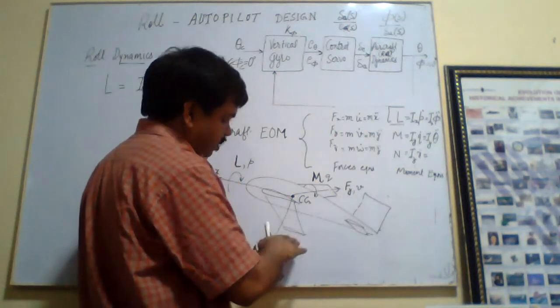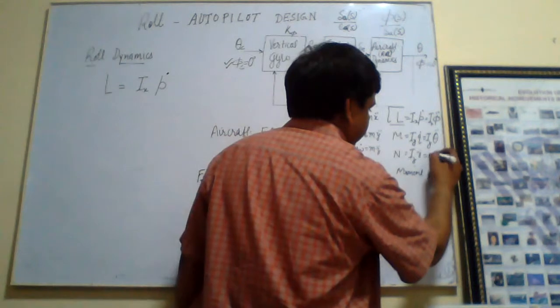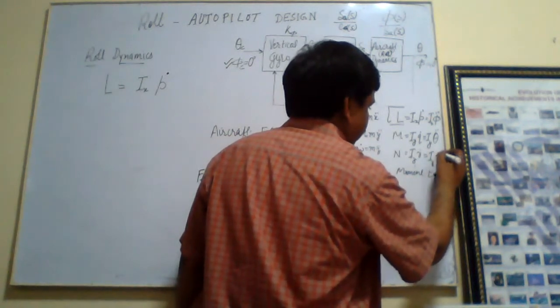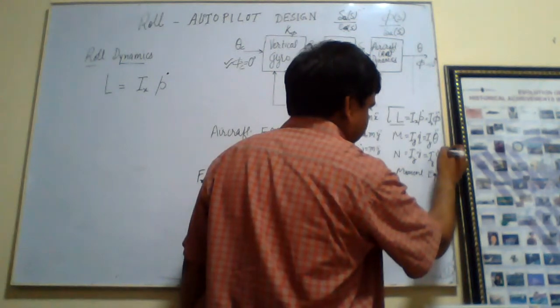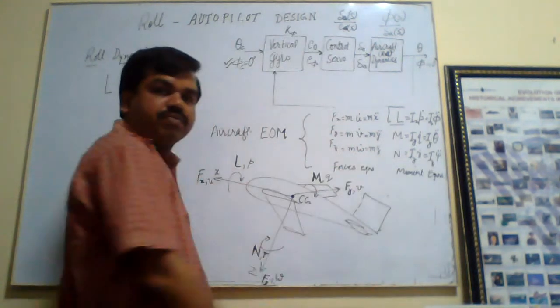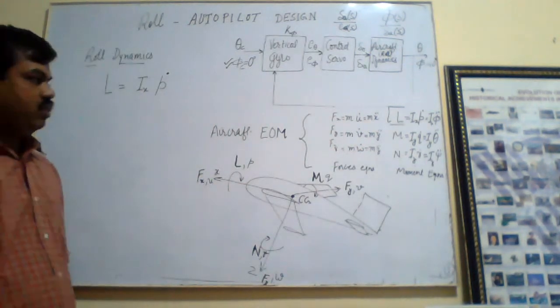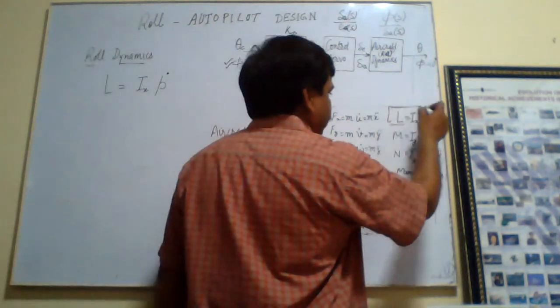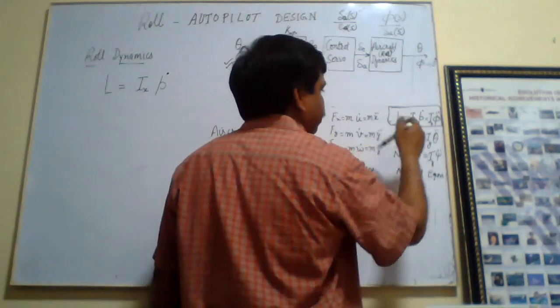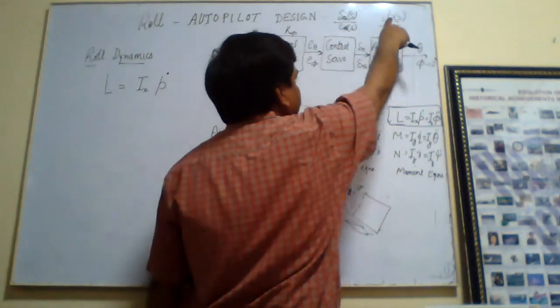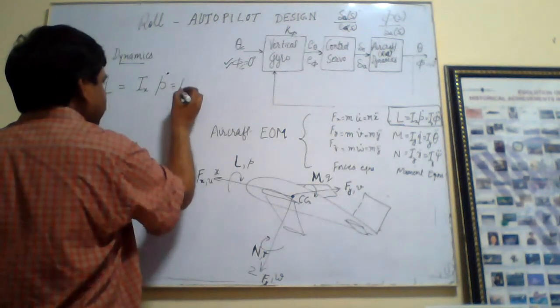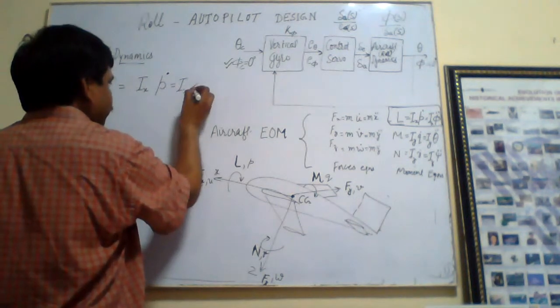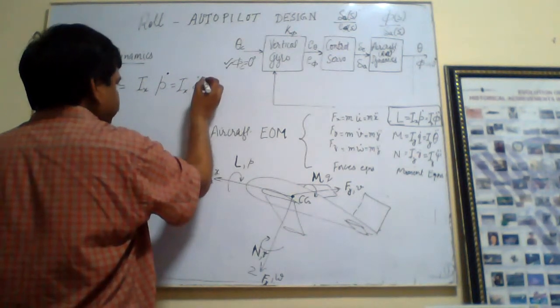And in yaw, I have the same equation in double dot of yaw angle, which is double dot of psi. Okay, so I have this equation because I want the equation in terms of phi, so it is better to write in terms of phi.